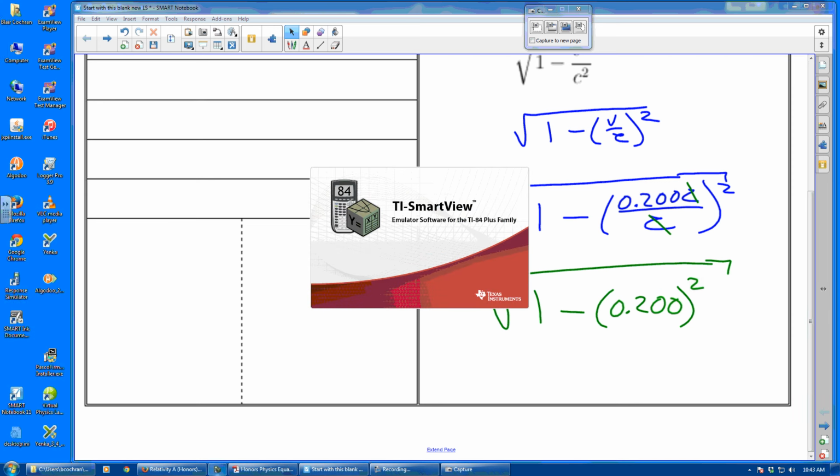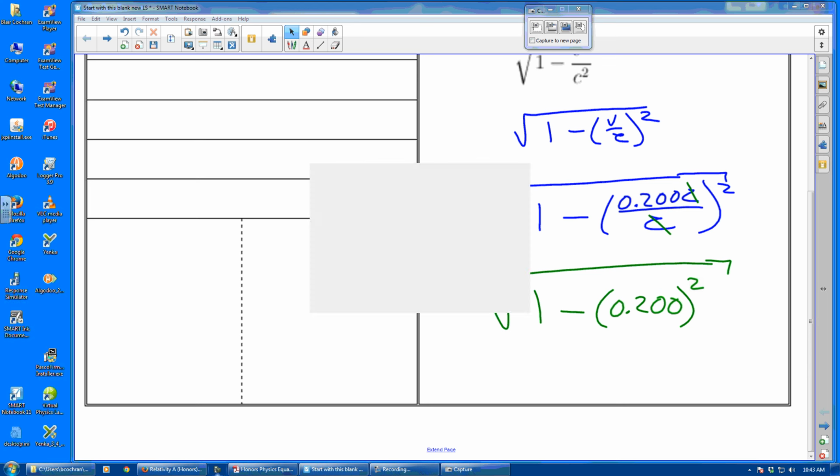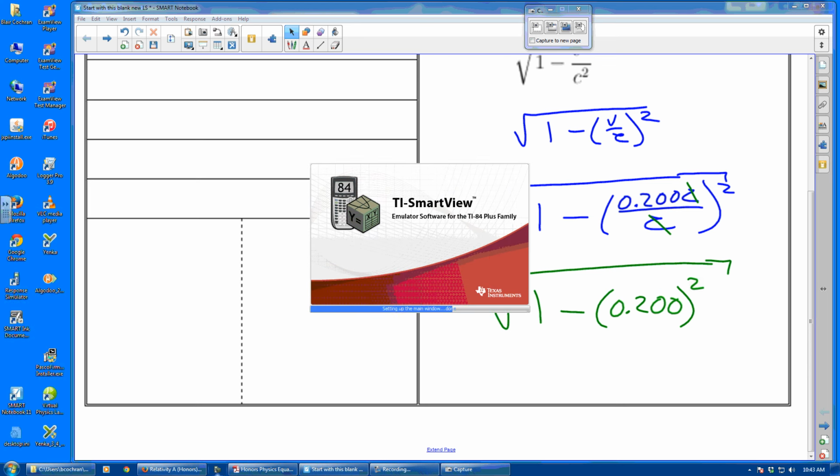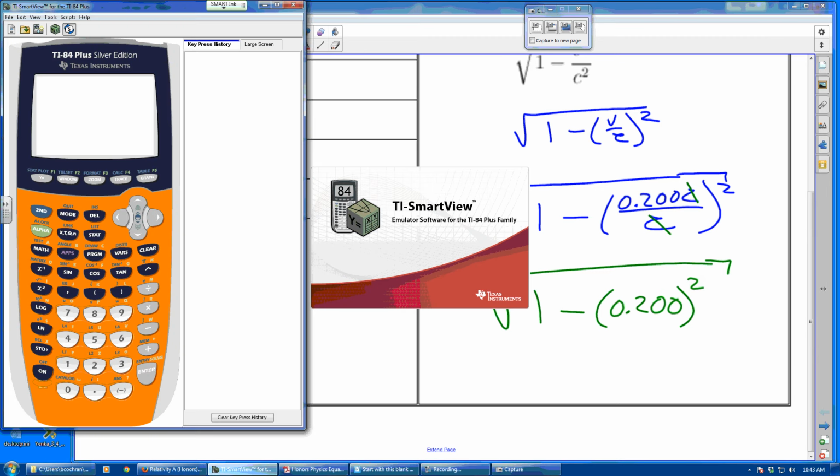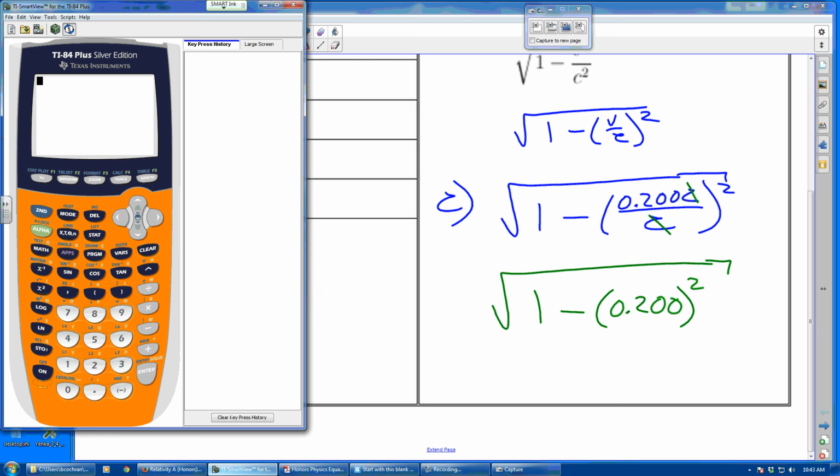If you don't leave it in terms of c, the only one that's given to you not in terms of c is part A. So in part A, you put in that value for v, and then you put in what the value of c is. Do that for all the other ones too.